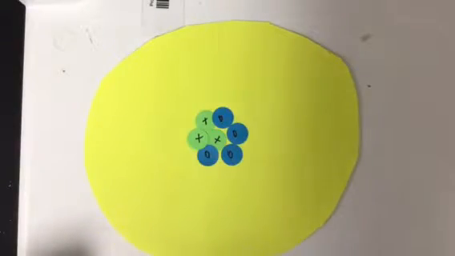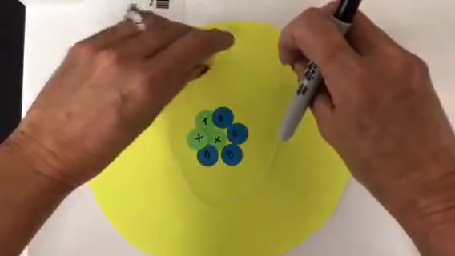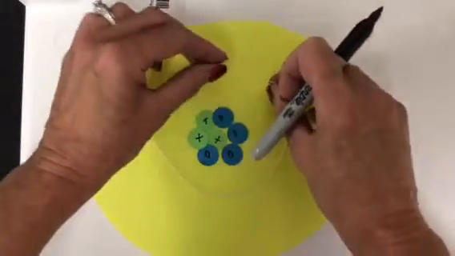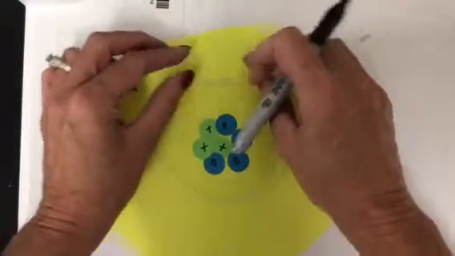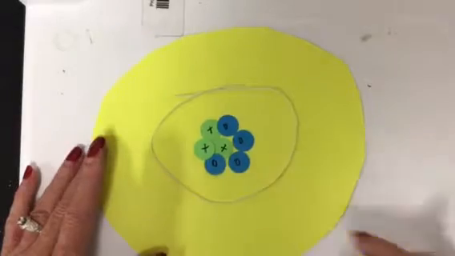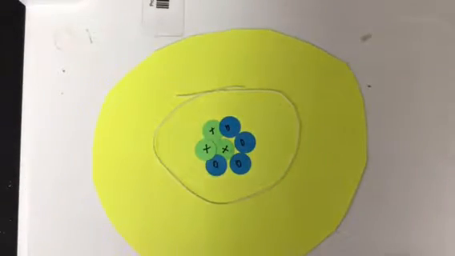So I'm going to start with the first roadway because we know it has 3 electrons, and the first roadway, if y'all remember, or energy level, that first energy level can hold up to 2 electrons.